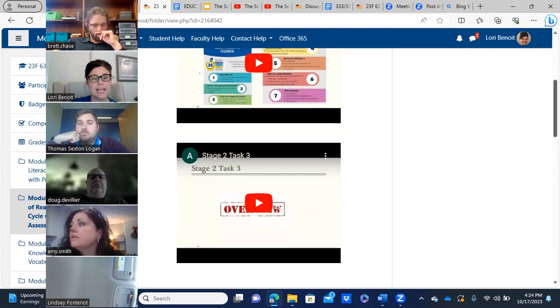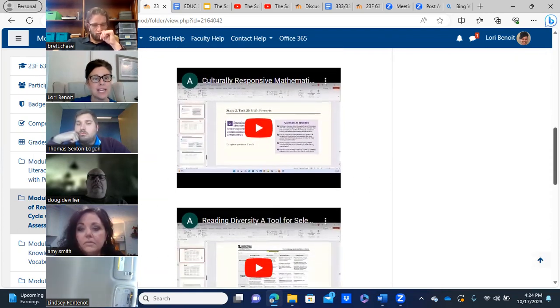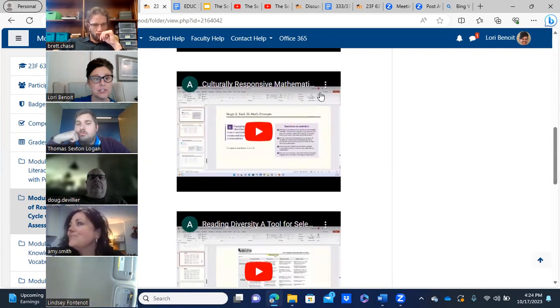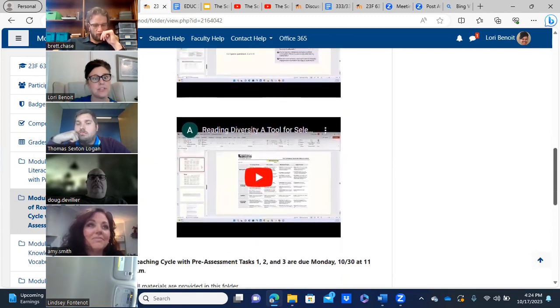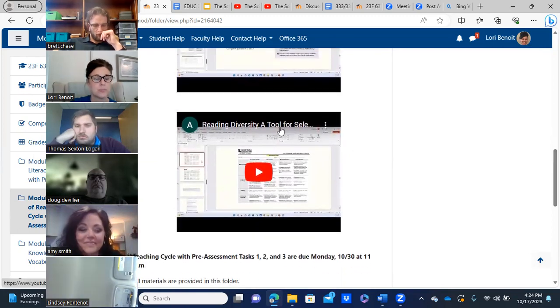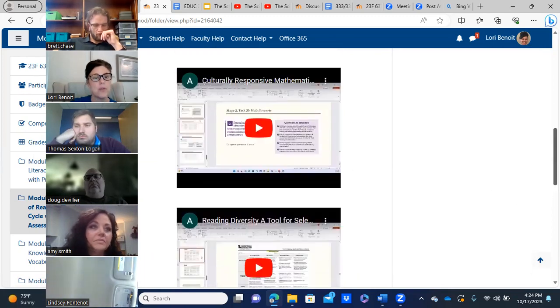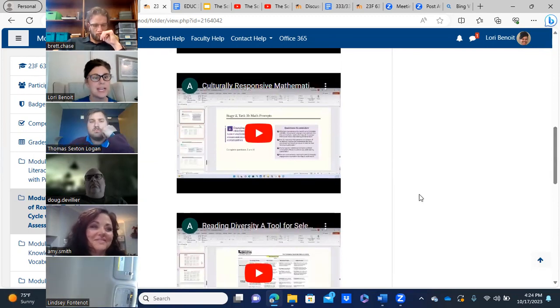And then task 3, if you are a math teacher, you would be picking the math one. And if you are not a math teacher, everything else will be using the reading diversity tool. What these 2 tools do is get you to examine your lesson plan and your text.